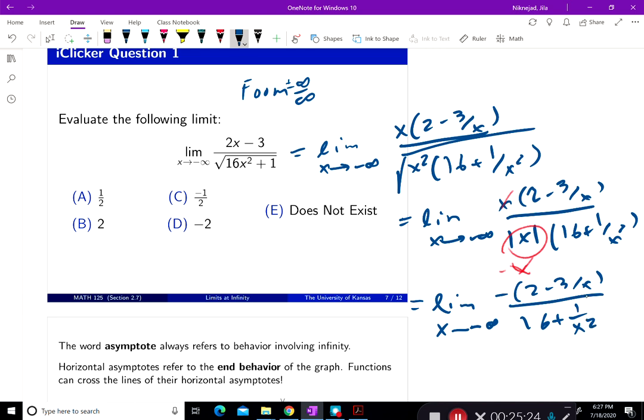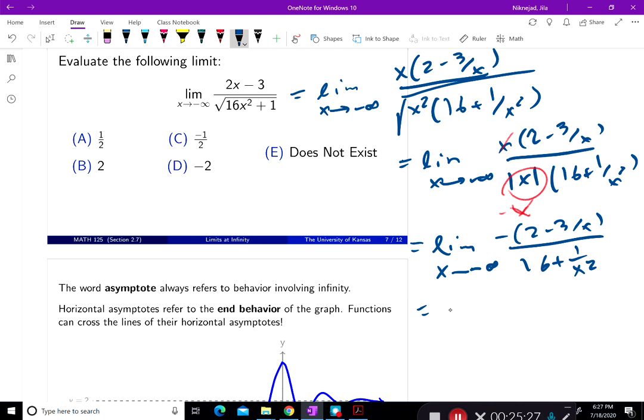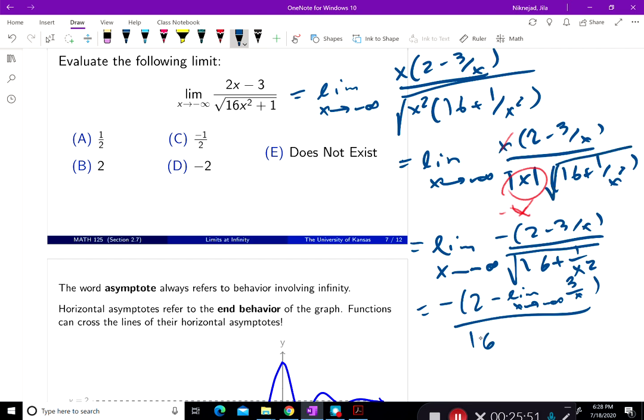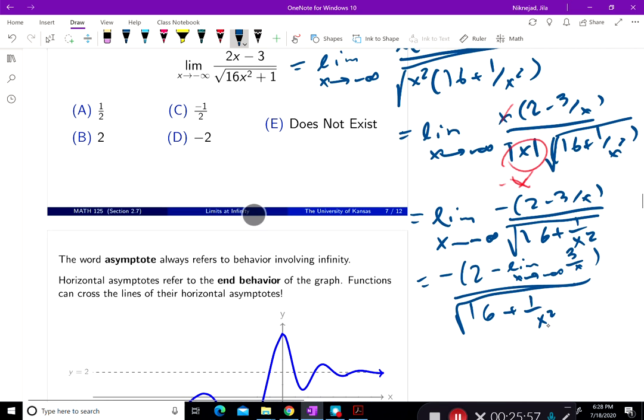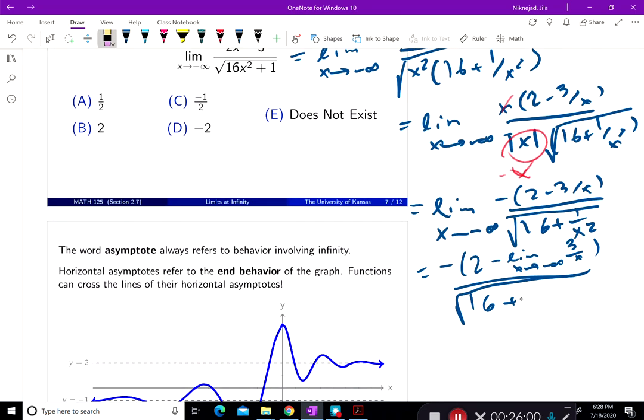Now bring the limit in, and it would be negative, limit of 2 is 2, minus limit as x goes to negative infinity of 3 over x, over the square root of limit of 16 is 16, plus limit of 1 over x squared as x goes to negative infinity.